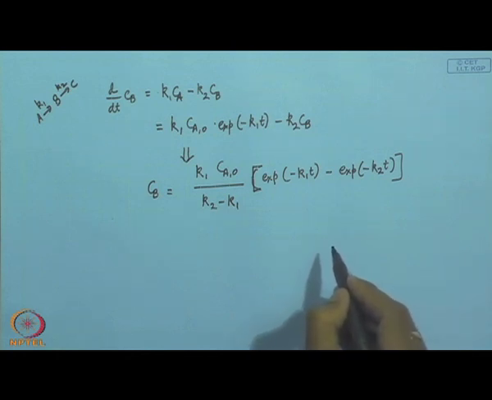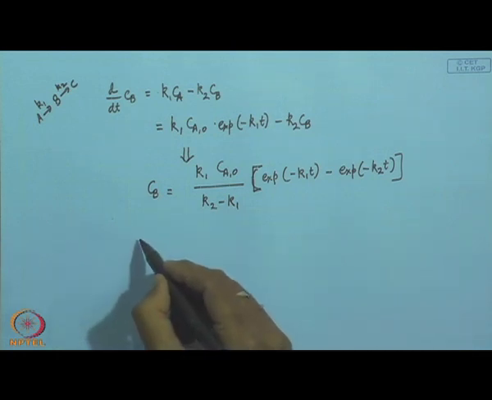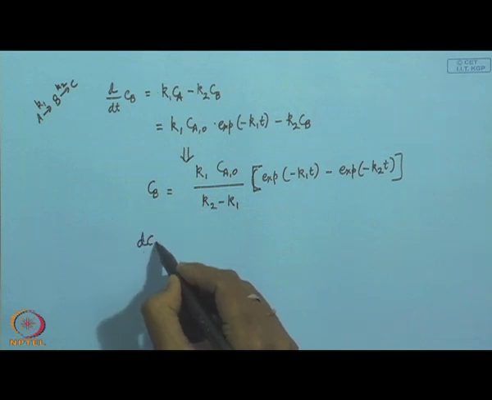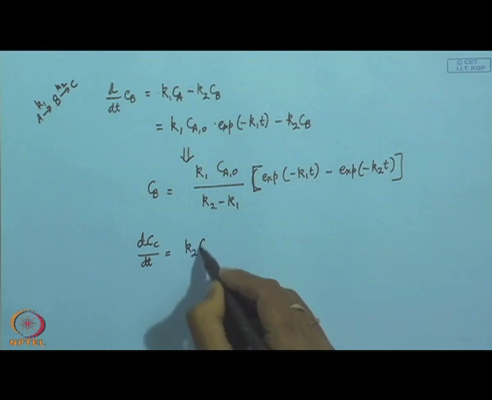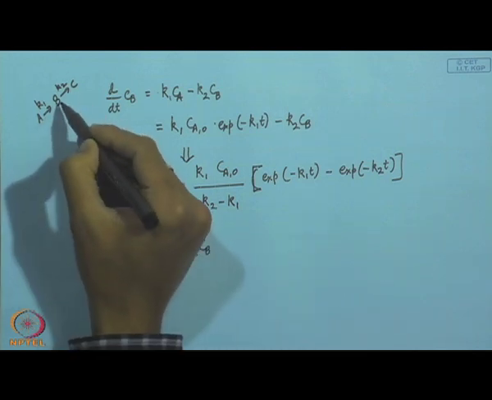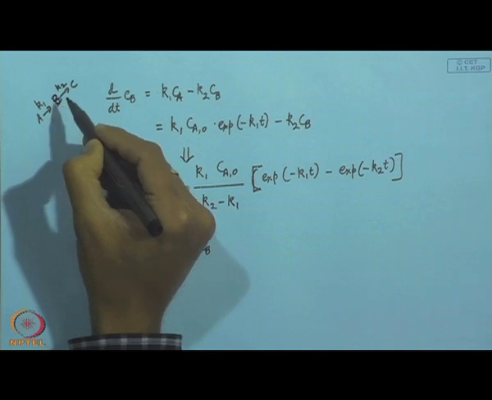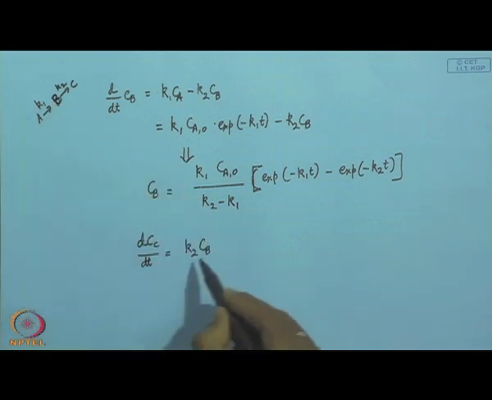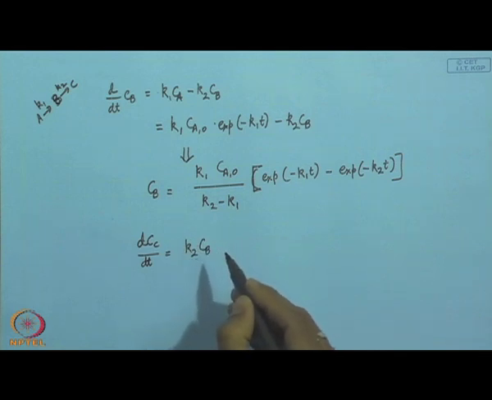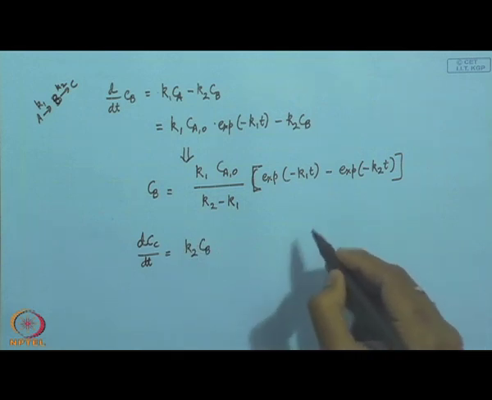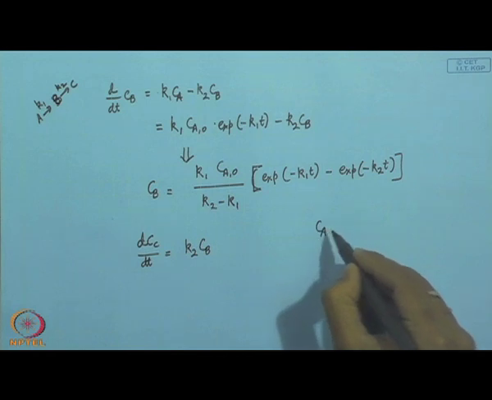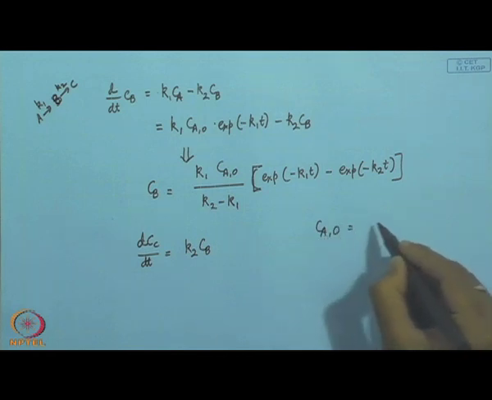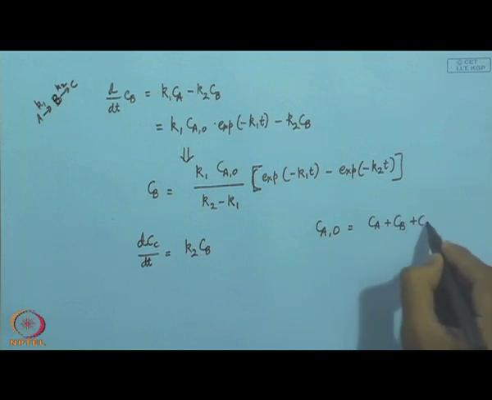Also, dCc/dt is equal to K2 Cb, because C is produced only from B. That is why this has only a single term. Also, Ca0 is equal to Ca plus Cb plus Cc.